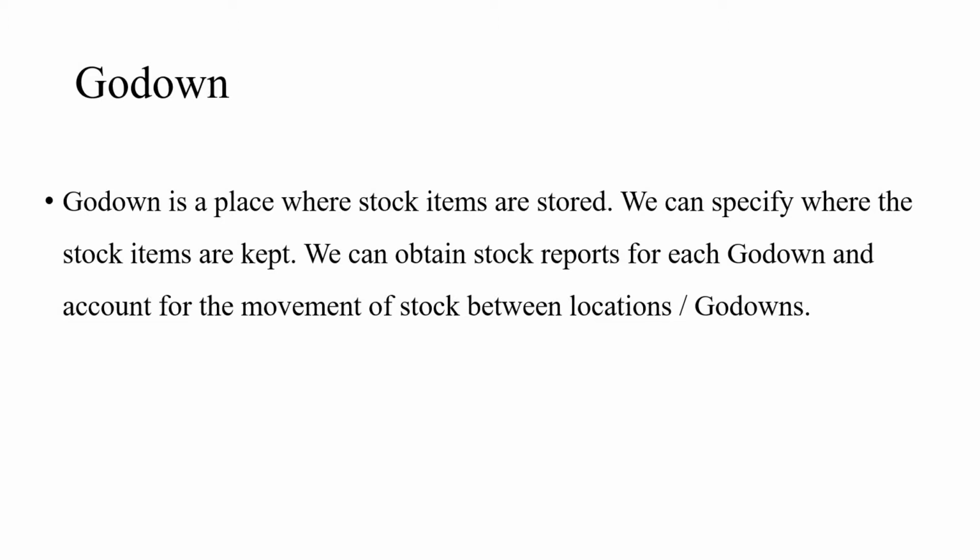In case of materials transferred on job work basis or for job work undertaken by the company, we can also obtain stock reports of each godown separately in Tally, and in the same way account for movement of stock between locations or godowns. Even that also we can have it.